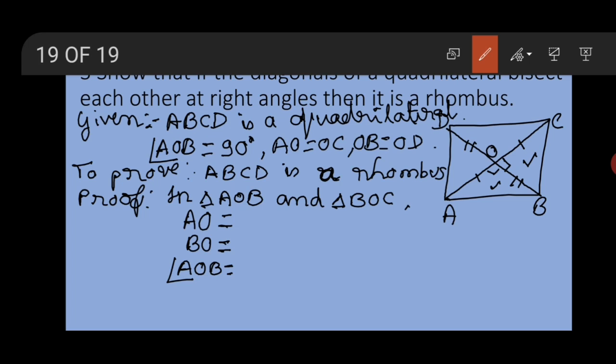Yes, AO is equal to OC, already noted here as given. And BO is equal to BO. Why? It is a common side to both triangles. The reason for the first is that it is given, and the second reason is common side.